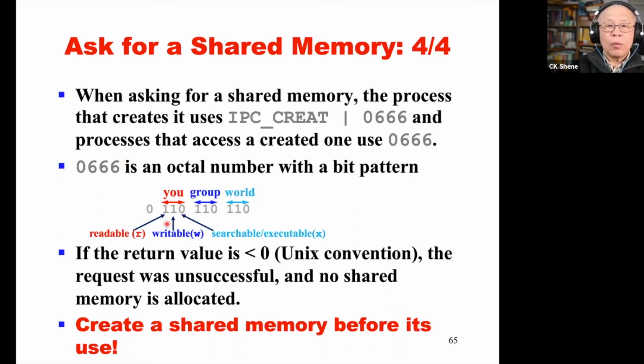So these 3 groups indicate the permission for you, the permission for the group you are in, the permission for everyone in the world as long as they are able to access the computer you are using. So, repeat, 666 represents 3 groups of permissions. The first, the leftmost one, is you. The second one is the group you are in.